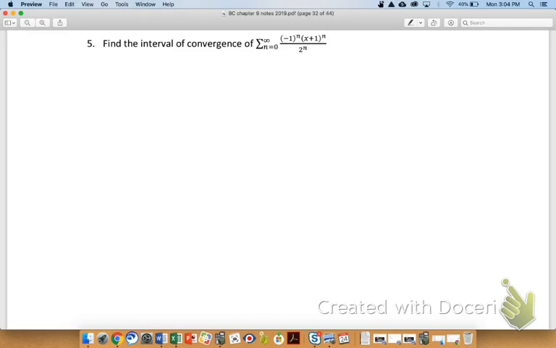Is negative one to the n times negative one to the n just one? So let's think it over. When you multiply like bases, you add your exponents, right? So this would be -1 to the n plus n, or 2n.